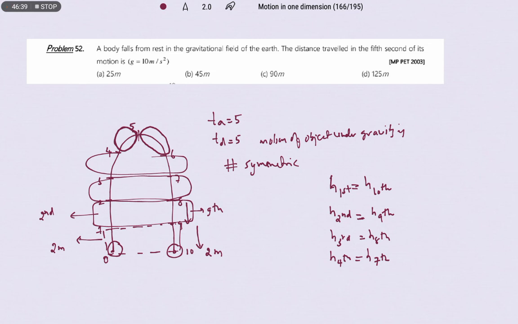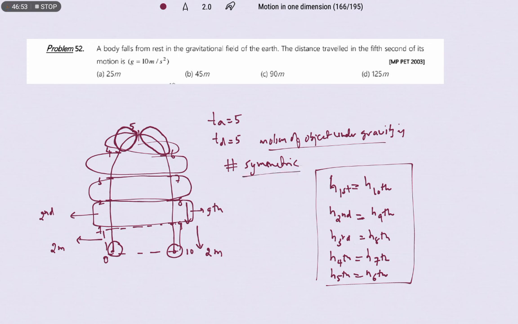Next, in the same way, distance travelled in the fifth second is equal to the distance travelled in the sixth second. So this is the meaning of motion under gravity is symmetric. That means the distance travelled by the vertically projected upward body in the last second of its time of ascent is equal to the distance travelled by the body under free fall in its first second.